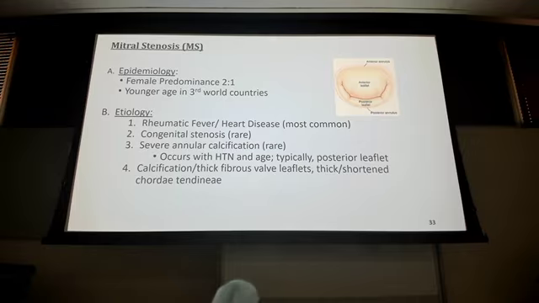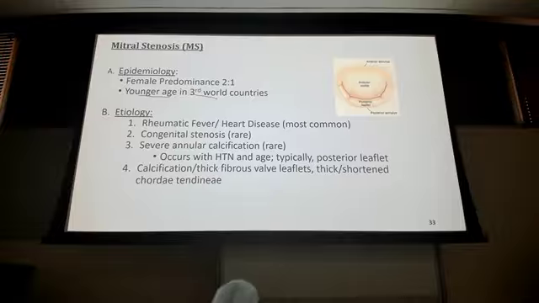So when we look at mitral stenosis, this typically affects females more than males, and it tends to be in a younger age in your under-industrialized nations. Because remember, the most common cause of mitral valve disorders globally is rheumatic heart disease.